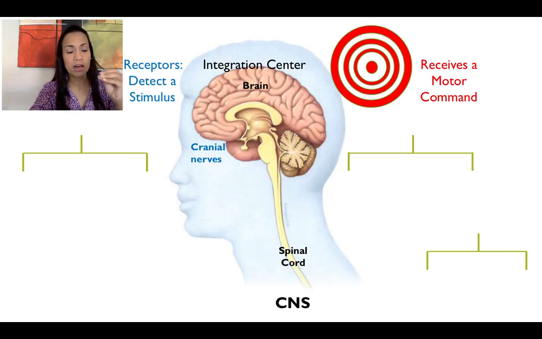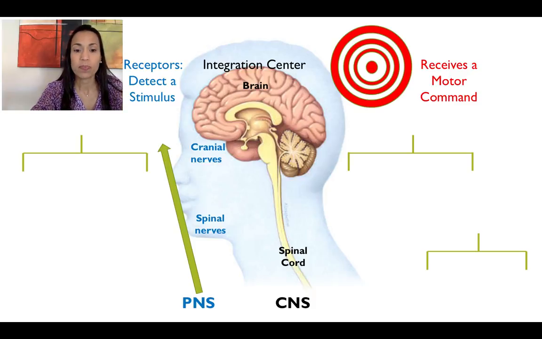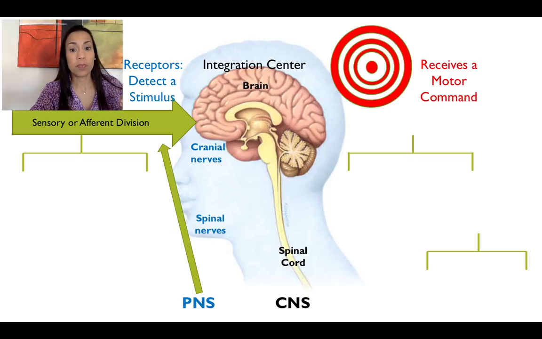The nerves that come out from the brain, the cranial nerves, and the ones coming out from the spinal cord, the spinal nerves, are the peripheral nervous system. Remember that the peripheral nervous system has two divisions.